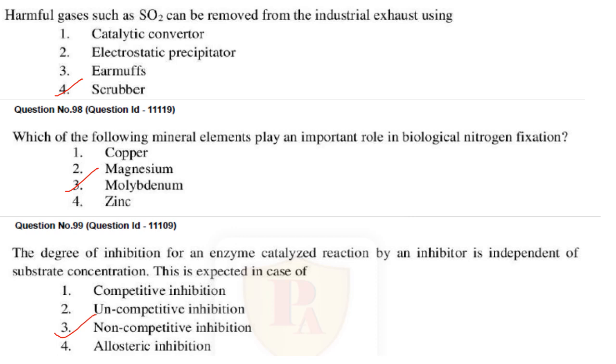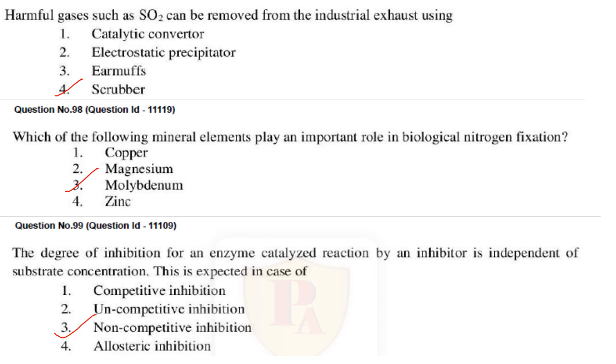Then next one. The degree of inhibition of an enzyme catalyzed reaction by an inhibitor is independent of substrate concentration. This is expected in the case of non-competitive inhibition because non-competitive inhibition is characterized by inhibitor binding to the allosteric site and not the active site.